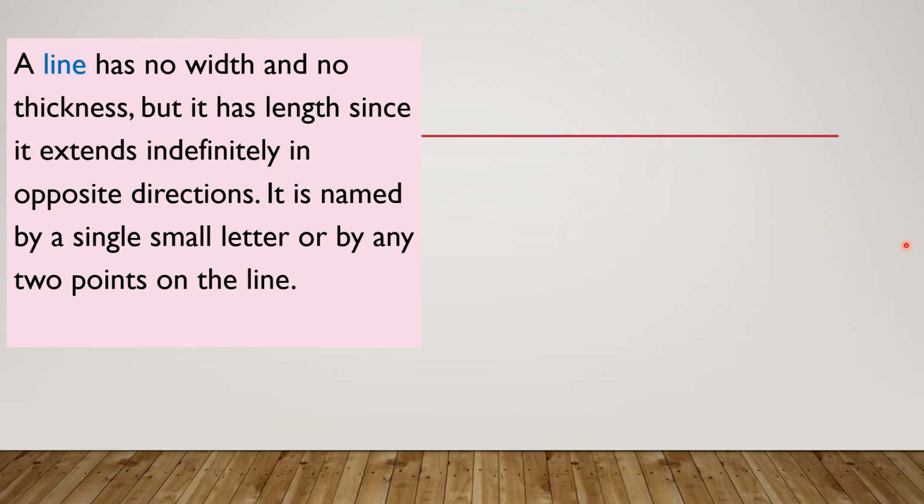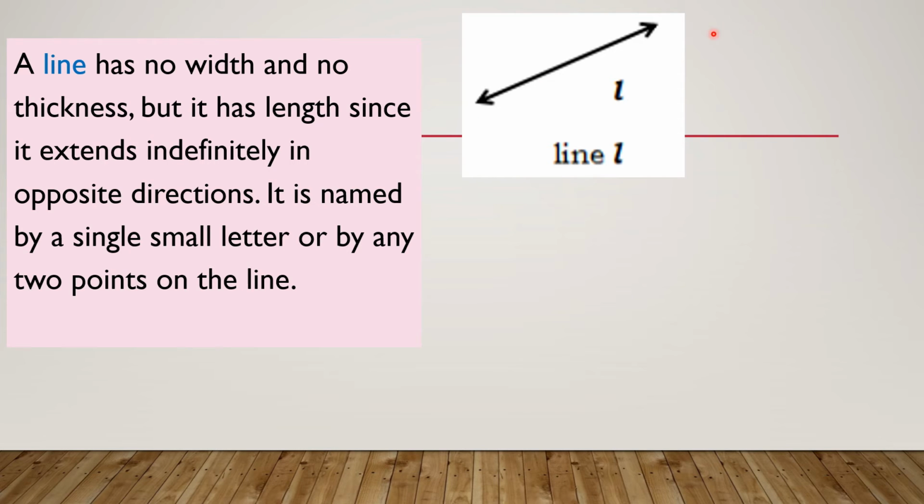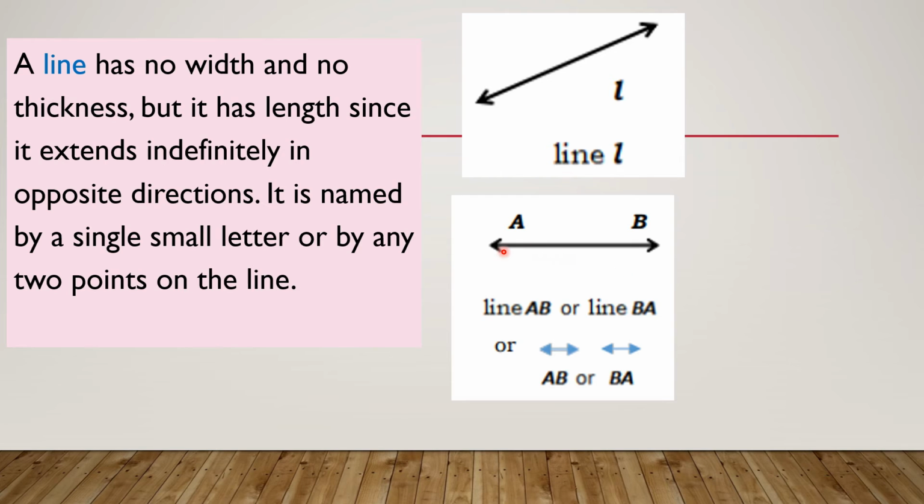For example here, this is a line. It can be named using a small letter, like line L. It extends infinitely, indefinitely, and also on this side. Another one, we have line AB.